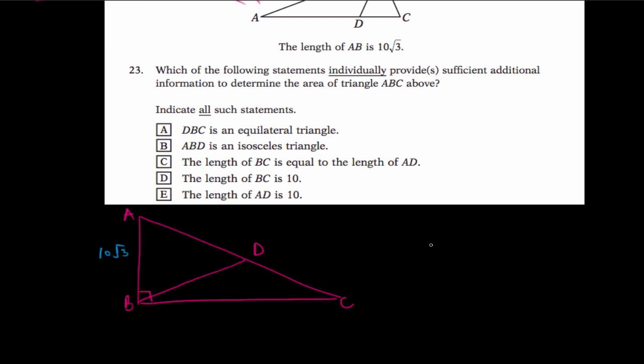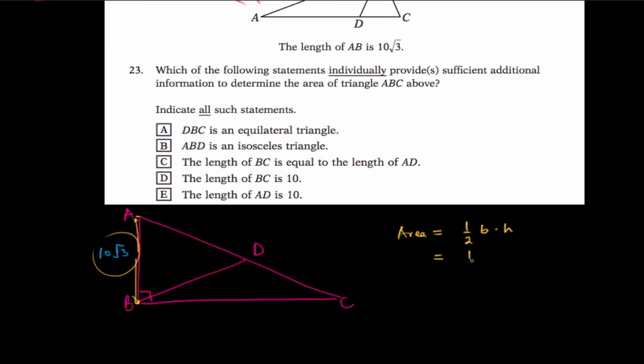So the very first thing you need to note is, what is the formula for the area of a triangle? Now you recall that the area of a triangle is given by half base times height. Now the height of the triangle is from here to here, and we have been given that to be 10 root 3.